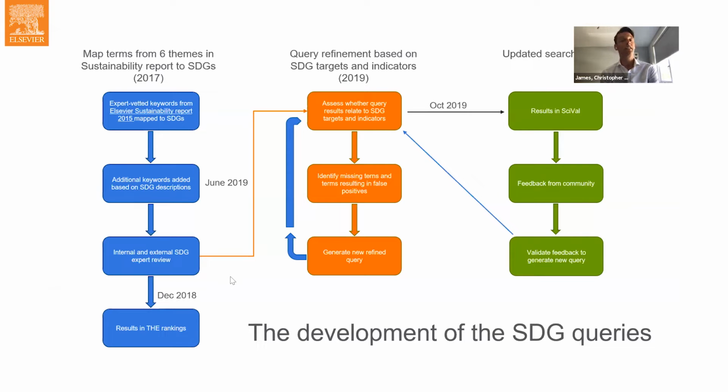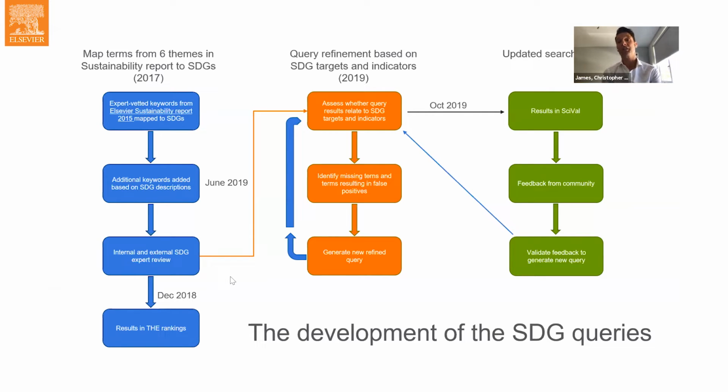Back in 2017, we only mapped a few of these key phrases, 6 of them, which were then used in December 2018 for the first Impact Rankings in April of 2019. So we had 6 which we started with.